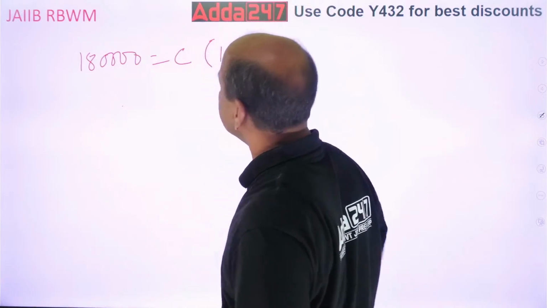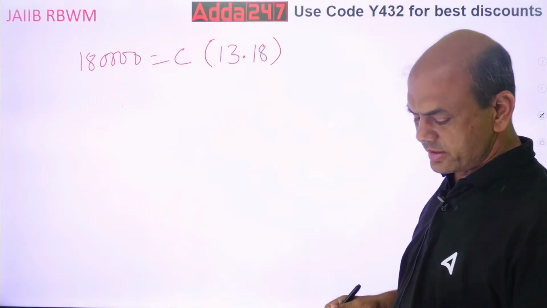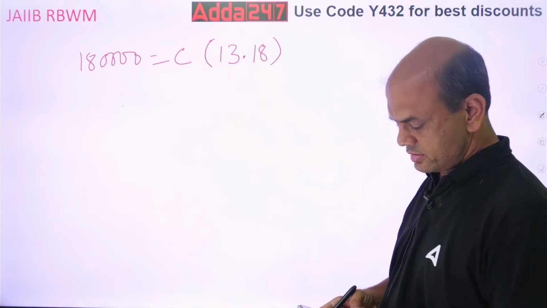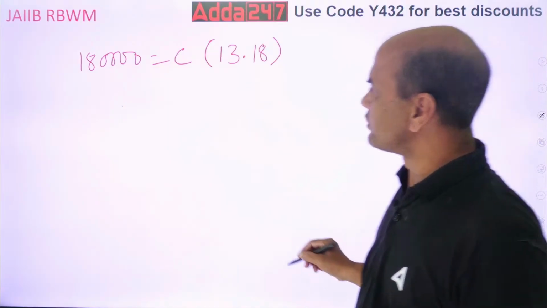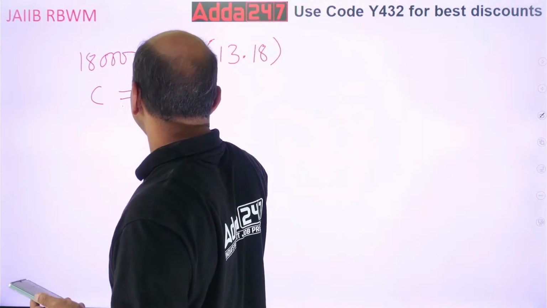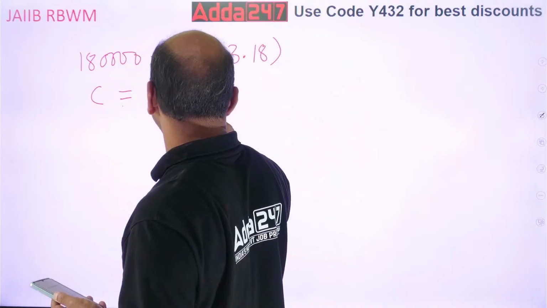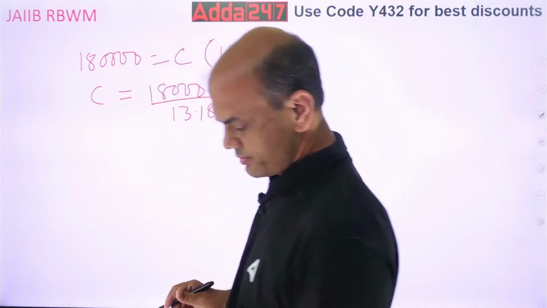So 1,80,000 equals C into 13.18. Do it, everyone. So now C equals 1,80,000 divided by 13.18. Get the answer now.